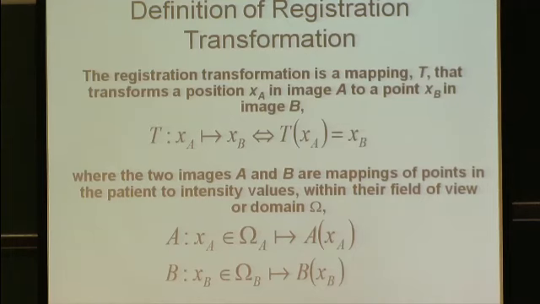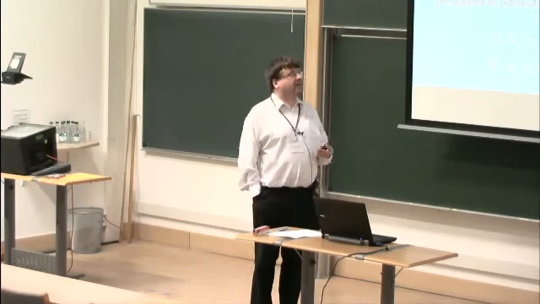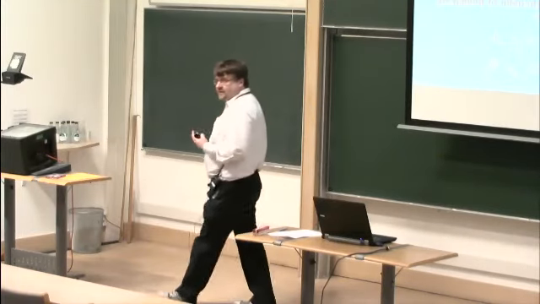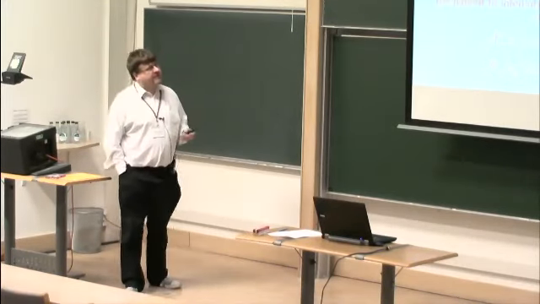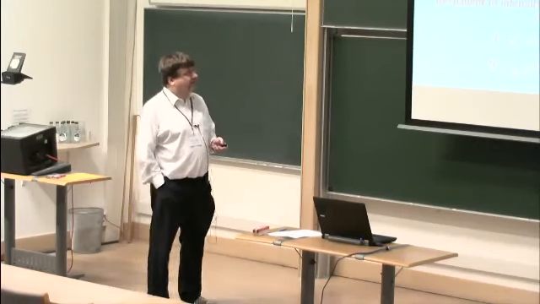Now, there are some qualifications that have to be applied, which again I'm not going to go into. I noticed that there are some talks on this this week, so we may hear more about this. But there are some qualifications for it. For example, assume that the correspondence is exact, that there's no structure in one image that's not present in another, or that, for example, if these were taken at different times, that something hasn't been created or something destroyed. That's a different problem.